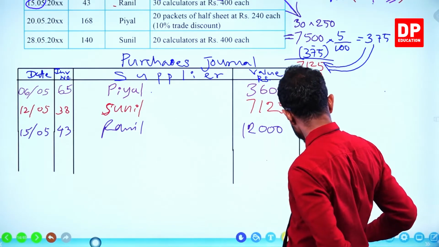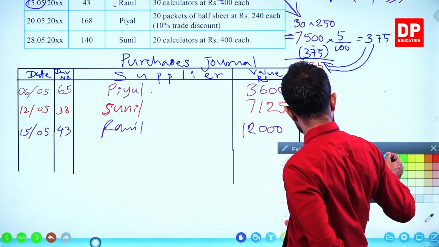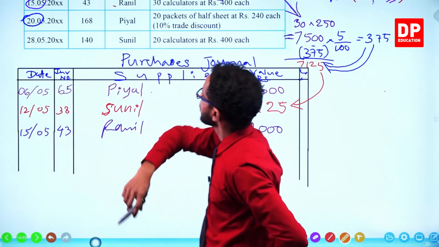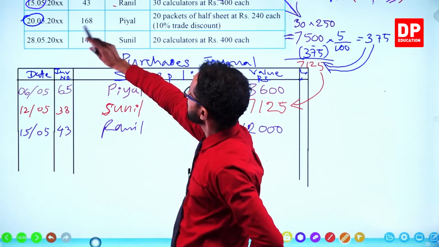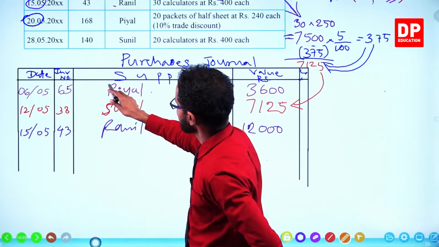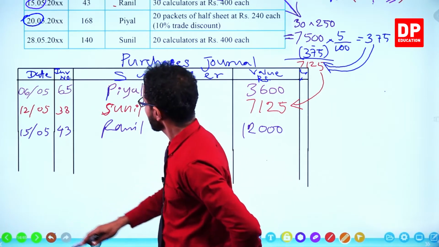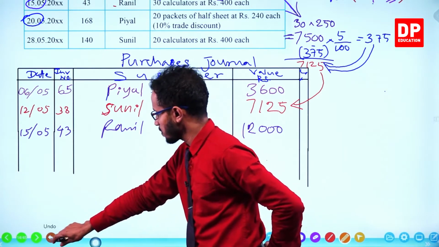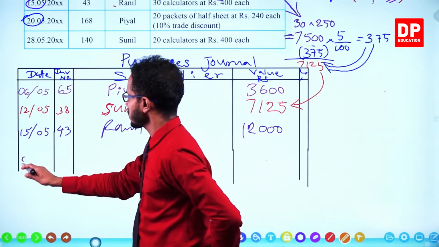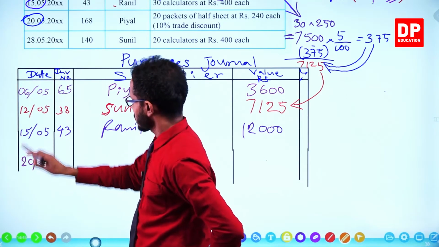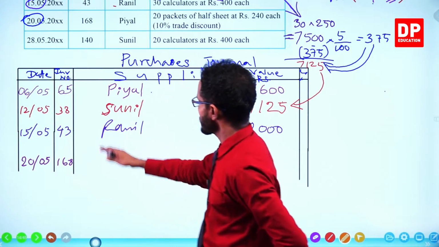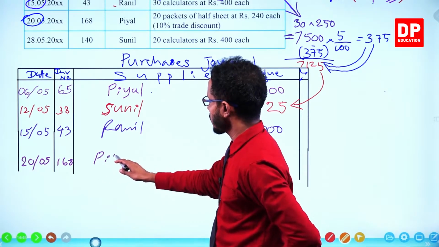Next one. What's next? Next we have 20th, invoice number 168. Piyal again. All right, we have Piyal right here. Let's use the same color. 20th May, 168, Piyal.